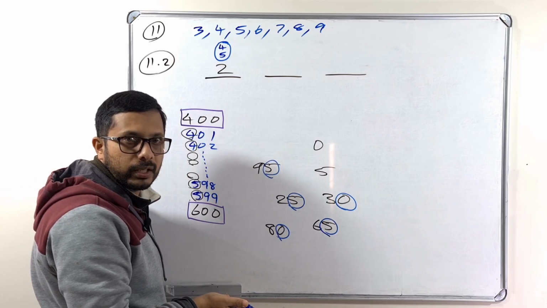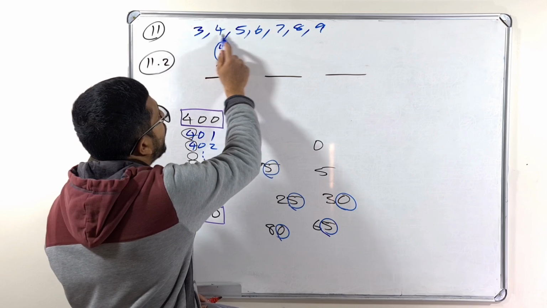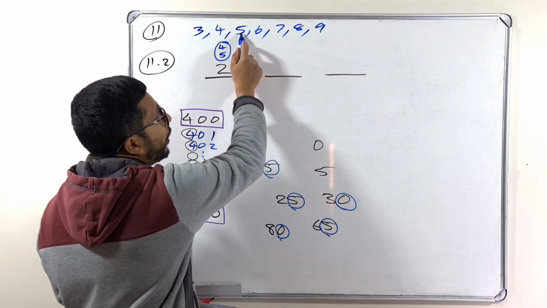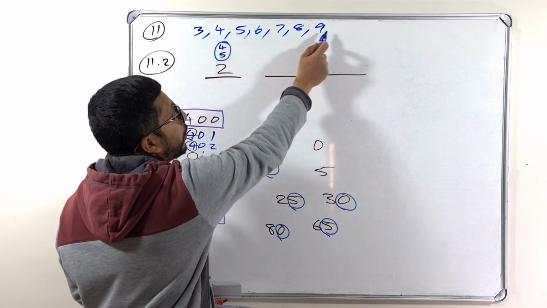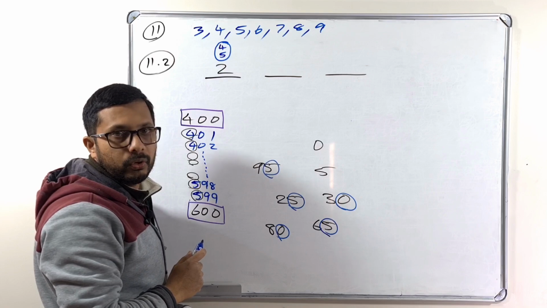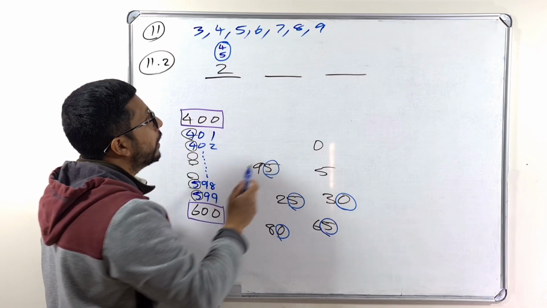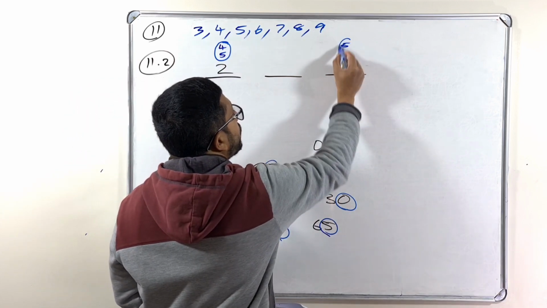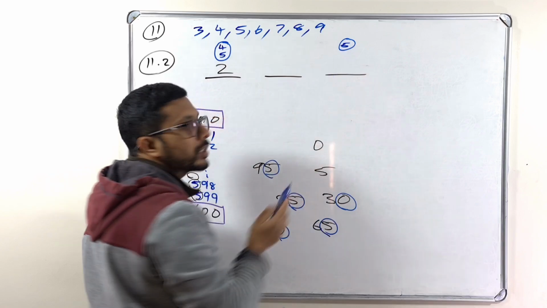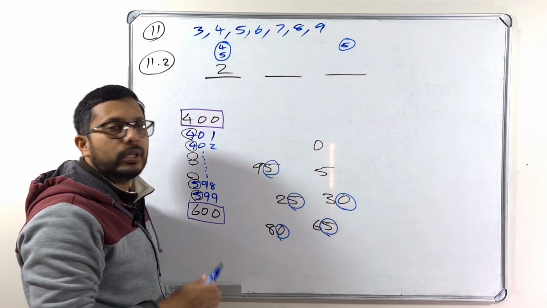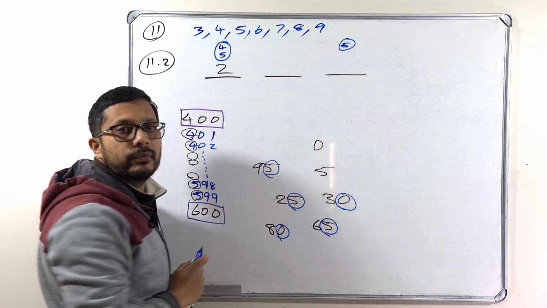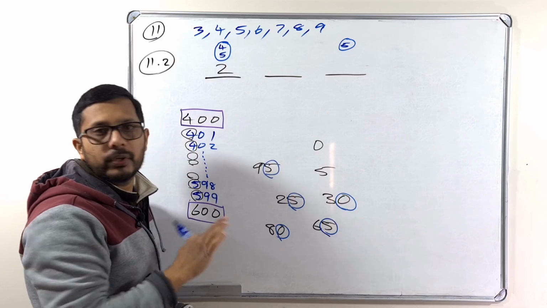Do you understand? Okay, look at our set of numbers. Here we have a 5. Is there any 0 here? No, there is no 0. So I must take 5 as the last number, then only this 3-digit number is divisible by 5. I don't have any option there.